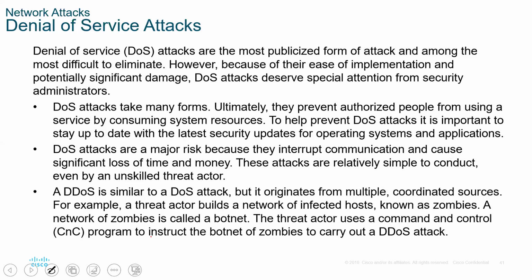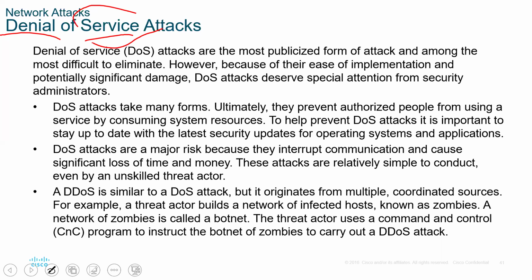Then we have another type of network attack called denial of service. And it's just 3 words, denial of service. So you want to deny access to a particular service. A DoS attack may take many forms.